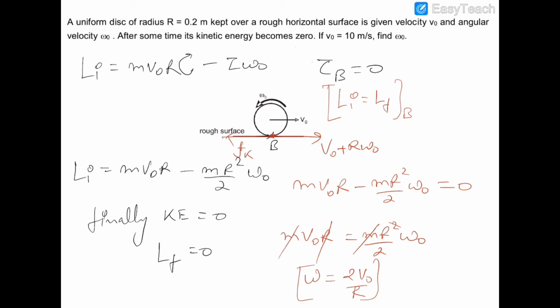Now we know that v naught is given as 10 and radius is 0.2. So omega naught will be equal to 100 radians per second. Now let's move on to the next question.